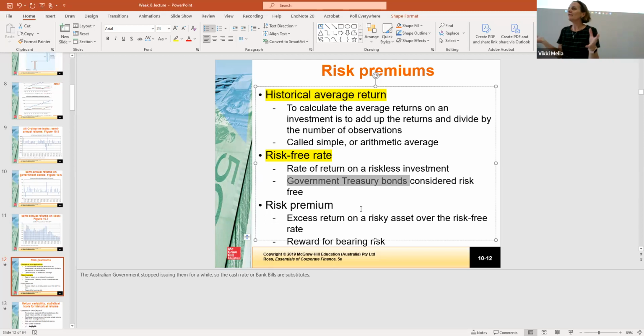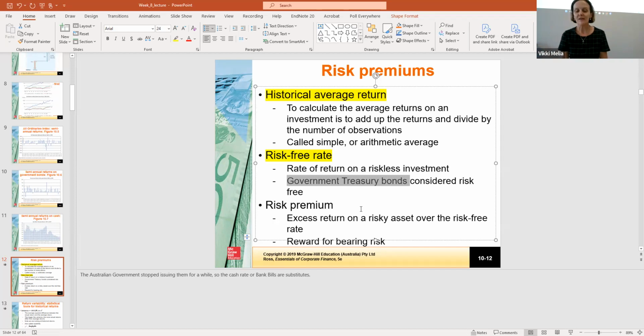The Commonwealth government in Australia is considered completely unlikely to ever default. If they borrow money, they will pay it back. So we consider these Commonwealth government bonds to be a risk-free investment.